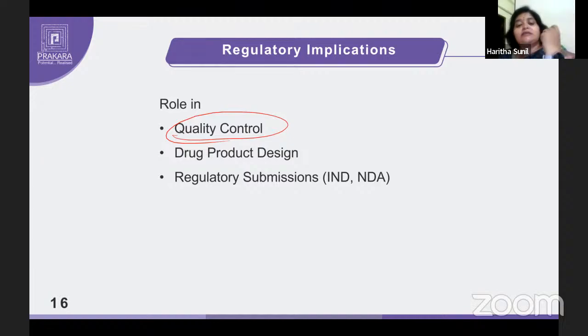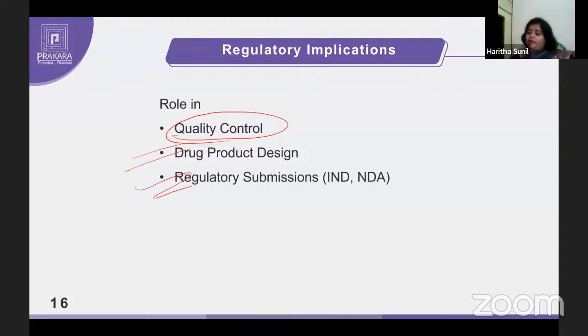And also the techniques like XRD, DSC, they help to verify the drug purity as well as the stability during the manufacturing. And coming to its role in the drug product design, it helps to select the appropriate formulation strategies and also to enhance the drug stability as well as the bioavailability. And it is also going to predict the drug's behavior under various environmental conditions.